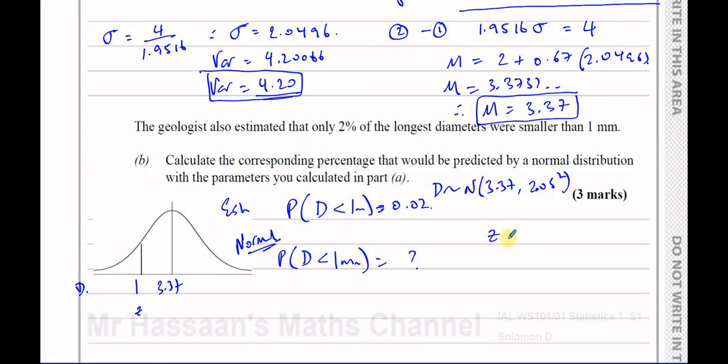So we have Z equals X minus mu over the standard deviation. We've got to find the Z value for 1 millimeter. That's X, which is 1, minus mu, which is 3.37, over the standard deviation, which is 2.05.